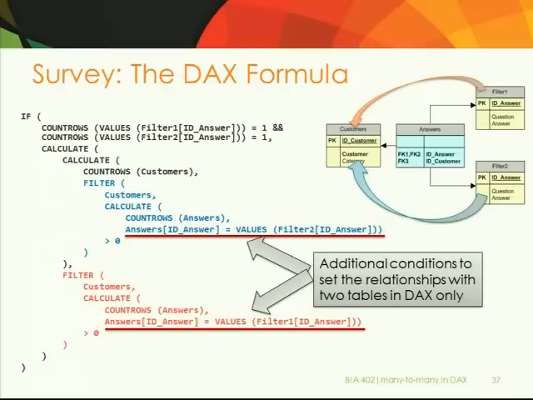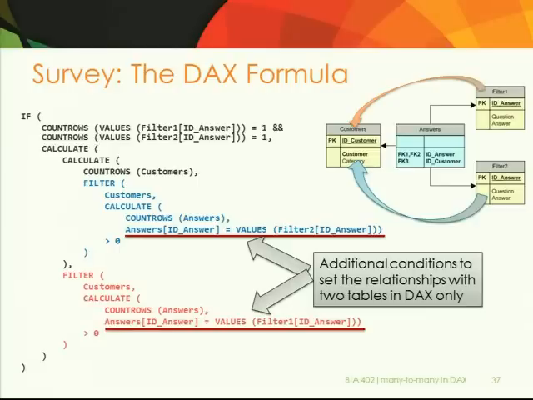The only difference that makes it a bit more complicated is the additional condition that says count the number of rows in the fact table for only the rows that contain an answer that is equal to filter 2 ID answer in the inner formula and to filter 1 ID answer in the outer formula.